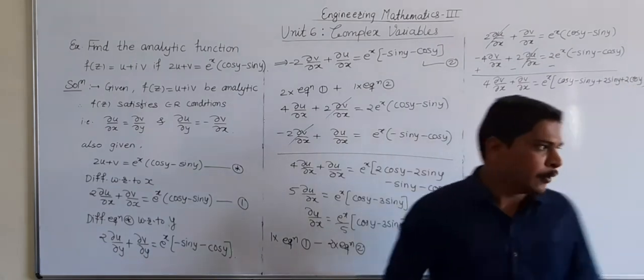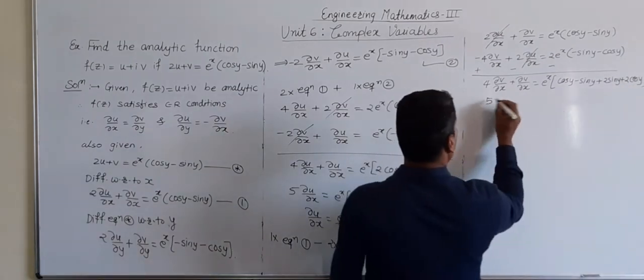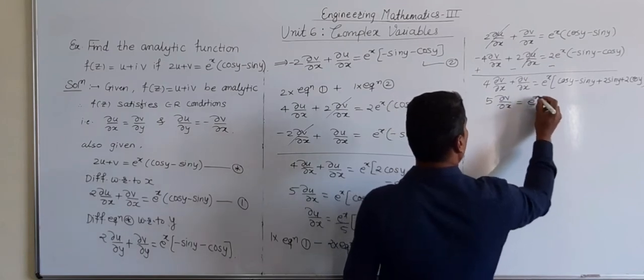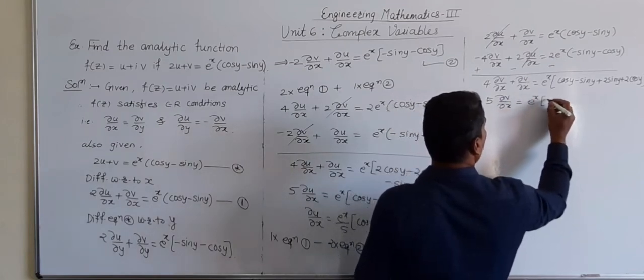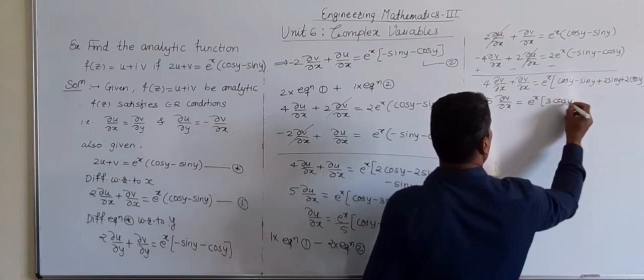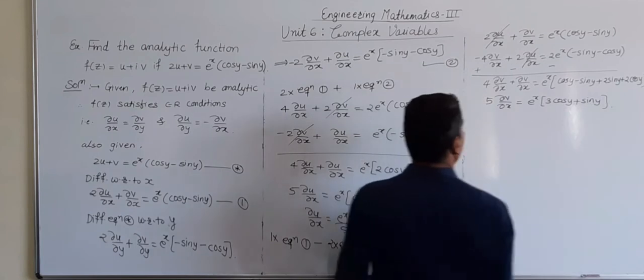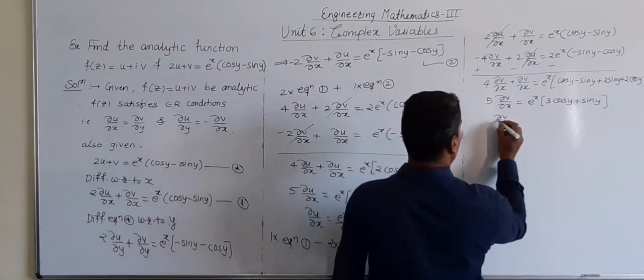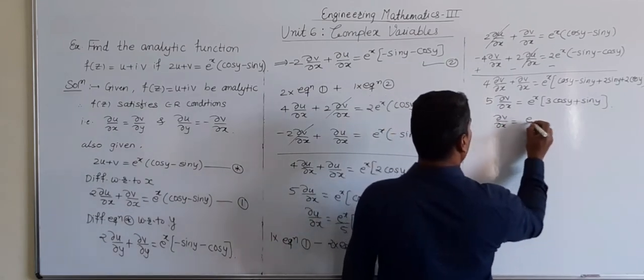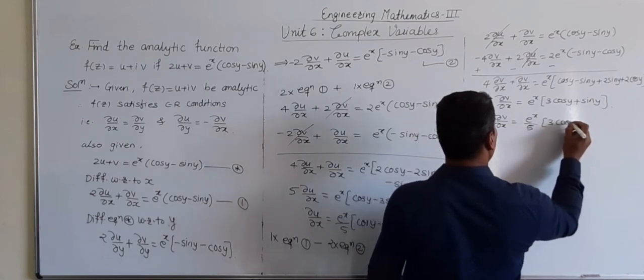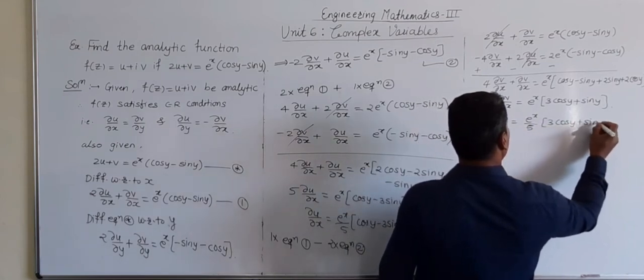So in that way we get 5 times ∂v/∂x is equal to e^x (3 cos y + sin y). Okay, and therefore ∂v/∂x is equal to e^x/5 (3 cos y + sin y).